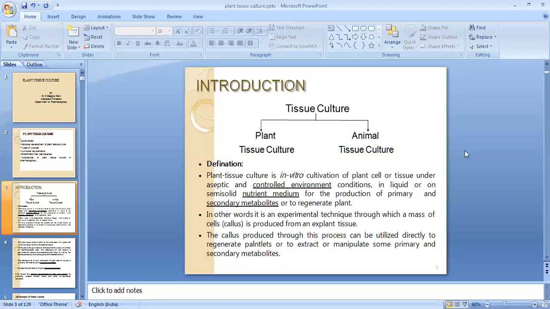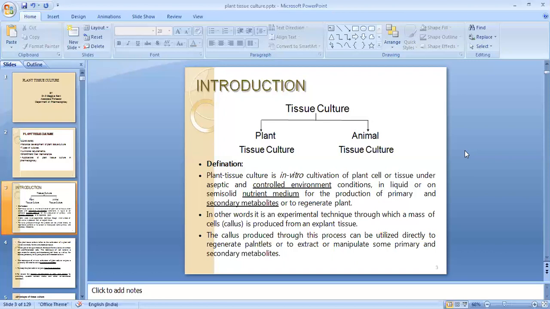And this callus is produced in the process where it can be utilized directly or regenerated into the intact whole plant, or otherwise from the growth we can extract the active medicaments synthesized in it, or otherwise you can manipulate or change the production of your primary and secondary metabolites.